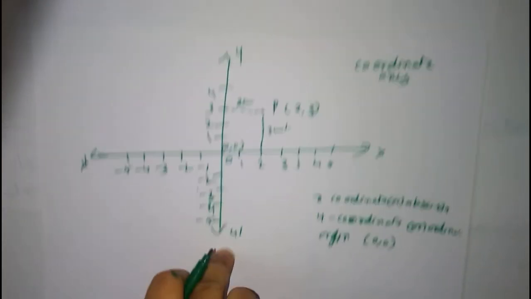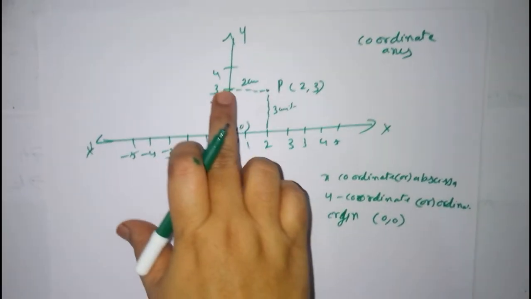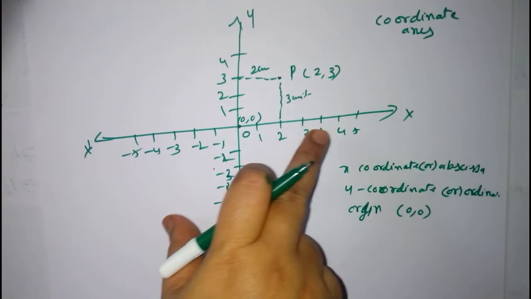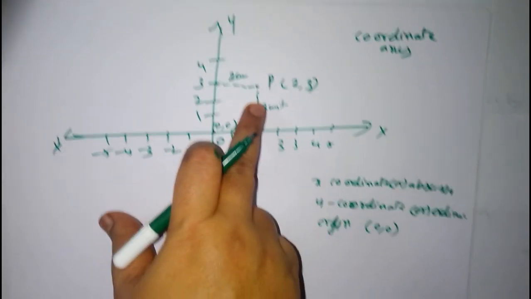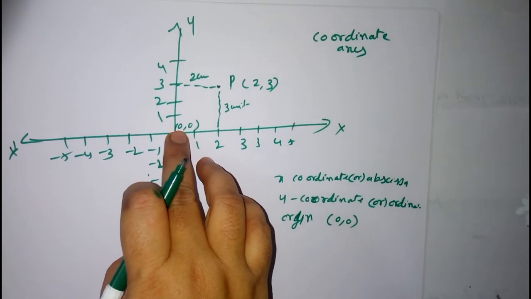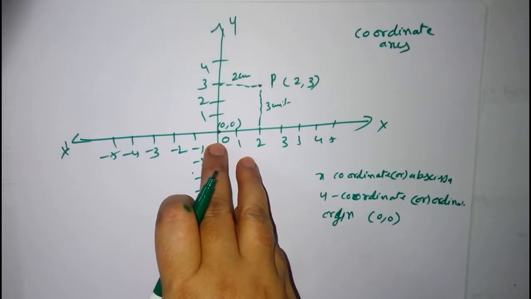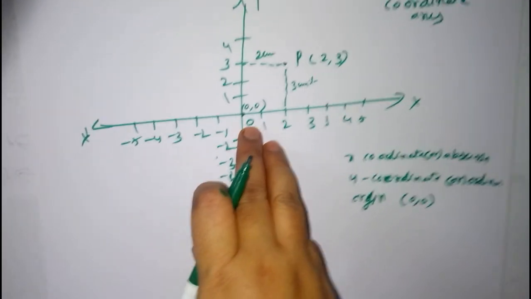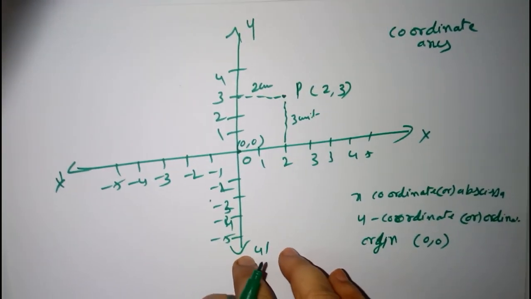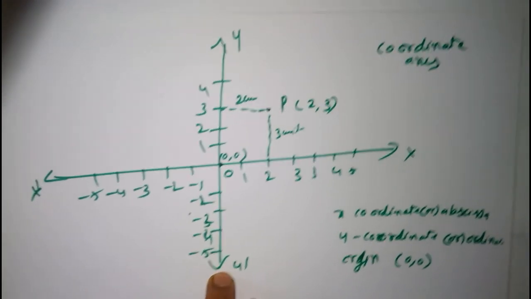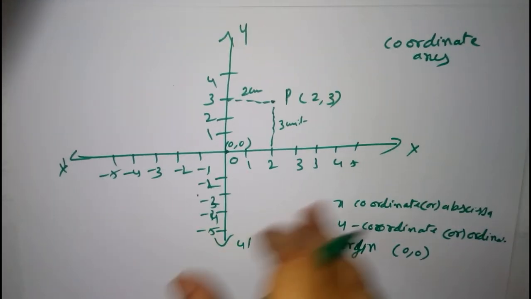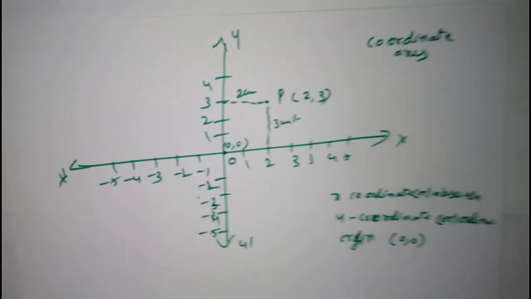The distance from the y-axis to the point is called the x-coordinate. The distance from the x-axis to the point is called the y-coordinate. The point of intersection of these two axes is called the origin, that is (0, 0). The x-axis and y-axis together are called the coordinate axes. The system we use to represent a point is called the coordinate system.